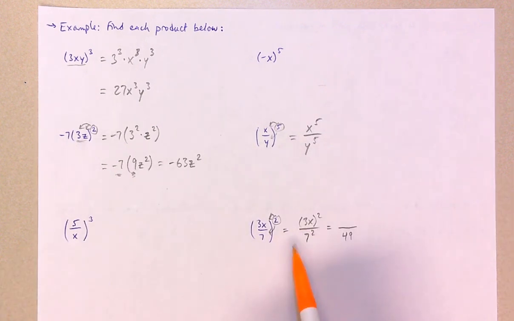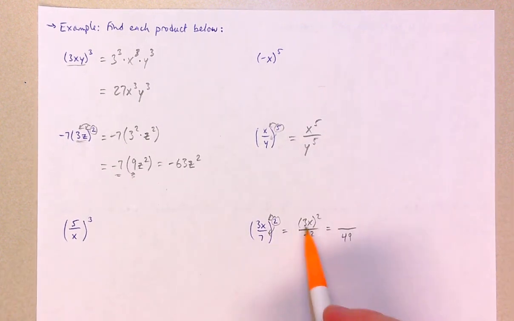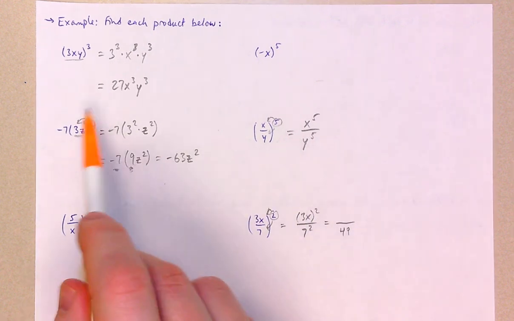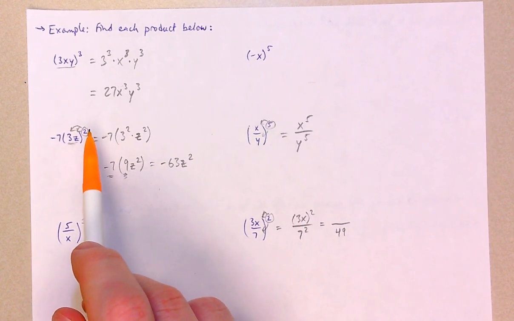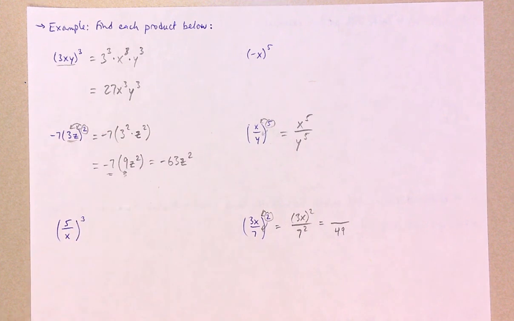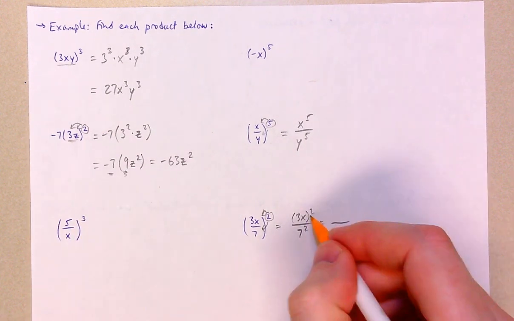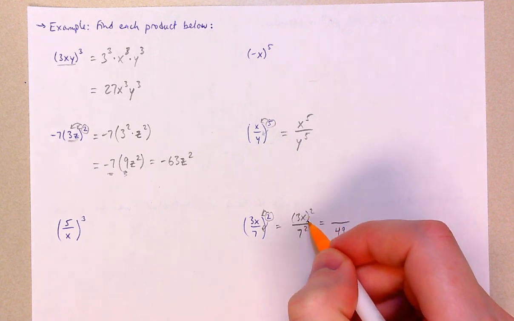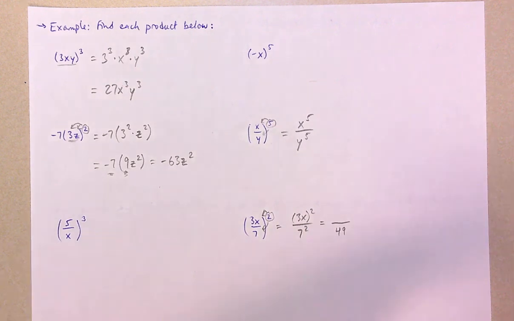That top now, we have a product of two things being raised to some power. So we're going to use the property of exponents that we used for these two problems here. I'm going to make this 2 the exponent of the 3 and the x, and then take those products.